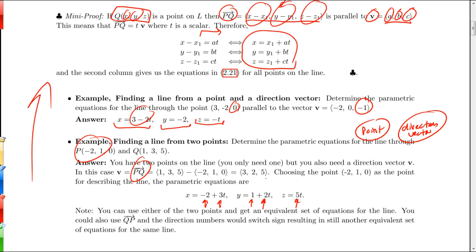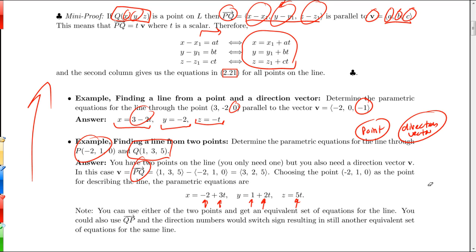I also could have used Q instead of P, or any point that you eventually find on that line. So unlike a line in 2D where you have y equals mx plus b, where every line has a unique m and b, that's not the case with the parametric equations for a line. There is not a unique form for the line, or a unique identifier.